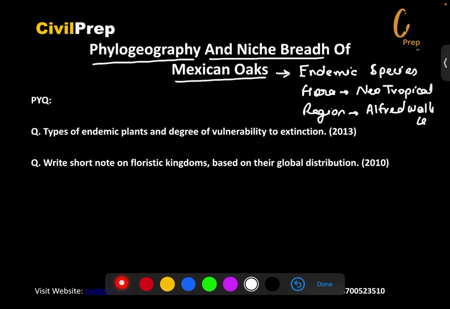Okay, now the question is the types of endemic plants and degree of vulnerability to extinction. This is an important question here, which is raising the concern for endemic plants.